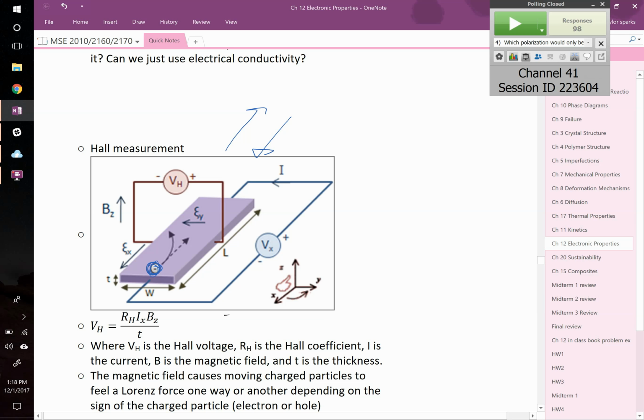But then they do something else. They apply a magnetic field to this. How do we show that? Okay, Bz, there's a magnetic field going vertically up. So if you have an electron, which is a charged particle, traveling that way, and you have a magnetic field in the up direction, this experiences what we call a Lorentz force in that direction. Got that backwards.